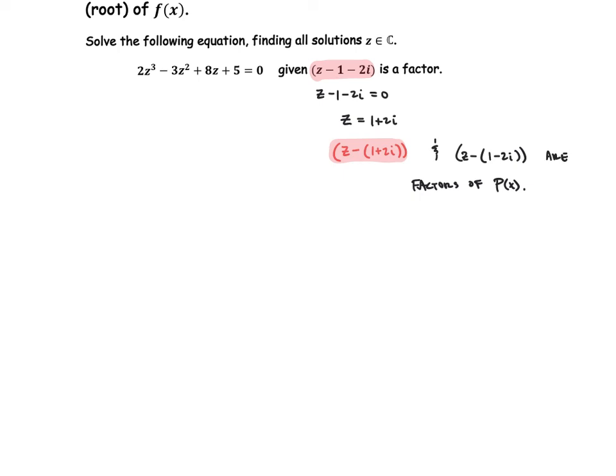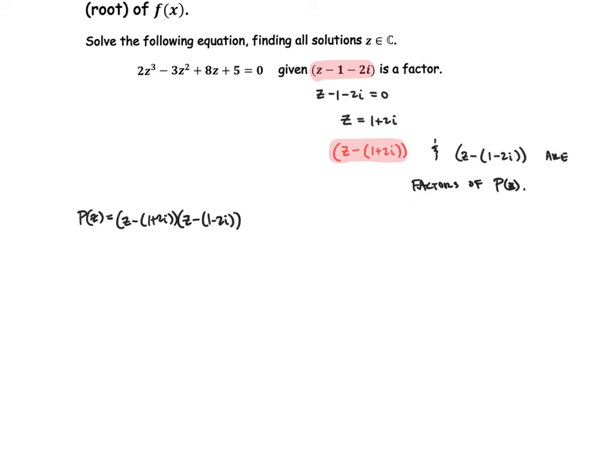Therefore, what I can do now is multiply these two factors together. So P of Z is equal to Z minus 1 plus 2i times Z minus 1 minus 2i.